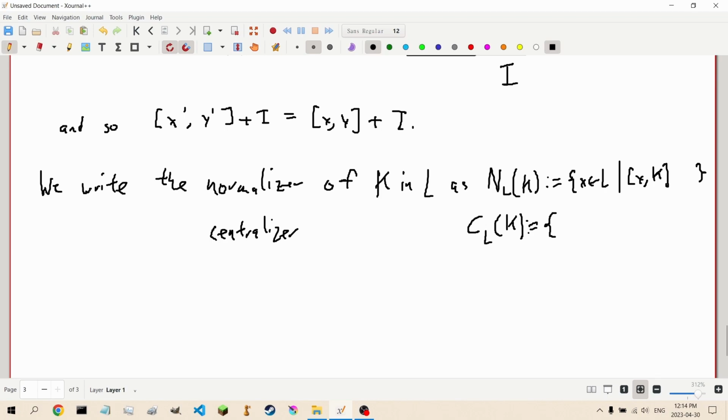The normalizer just has to be inside K. The centralizer has to be 0.